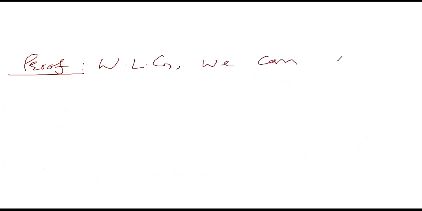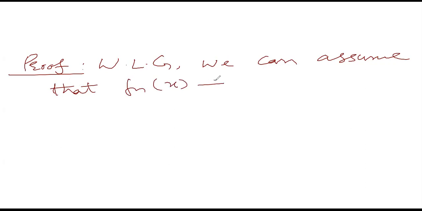Proof. First, we can remove null sets here without loss of generality. That's an exercise for you. Without loss of generality, we can assume that fn of x converges to f of x for all x in X, not almost everywhere.